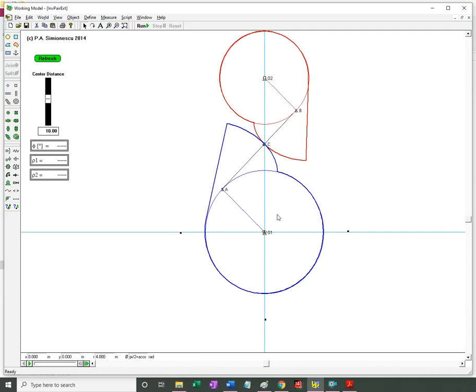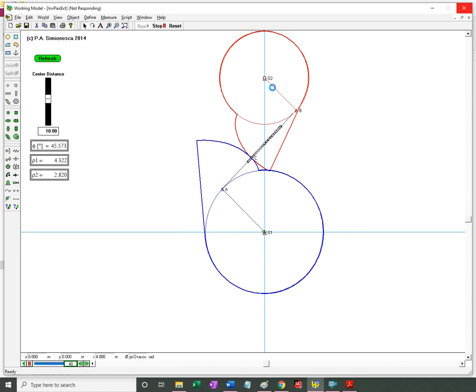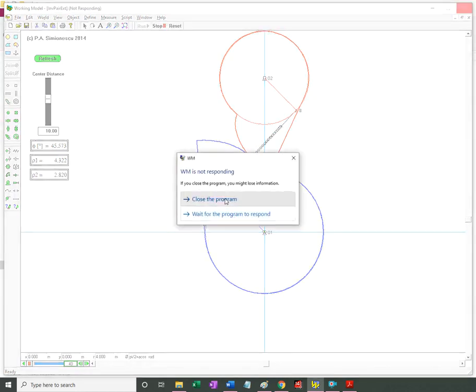So you're writing on top of base circle 1, and if we're recording the locus of point C, you'll see that it's enveloping the blue flank of the tooth. So I hit run. Okay, what's going on? And yet again, close the program. Sorry for this.